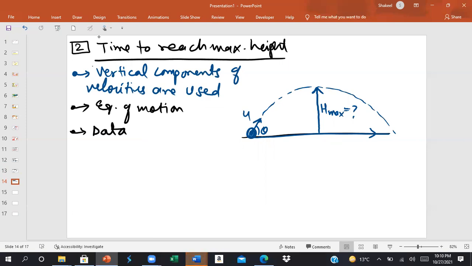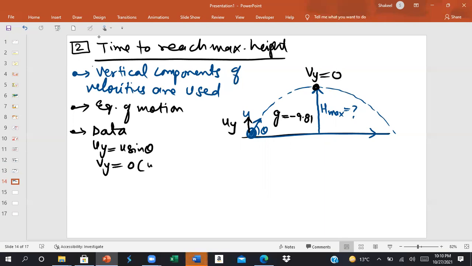So if we pick the data from here, we know if u and theta are given, then we know uy, and at maximum height, we know that the vertical component is 0, and as it is projected upward, g is minus 9.81. So uy is u sine theta, we know this. Vy is 0 at the maximum height.